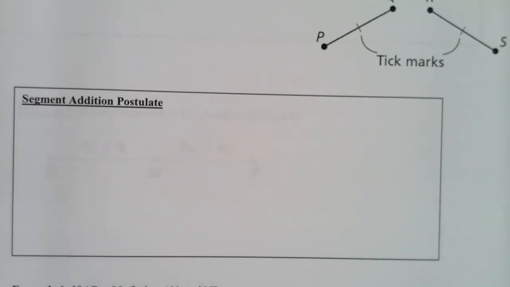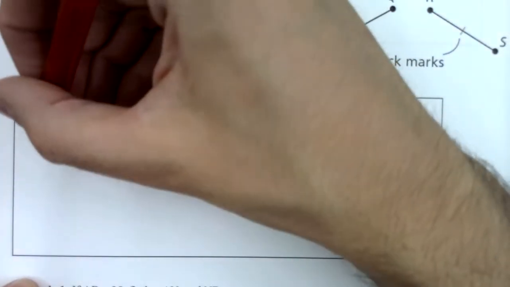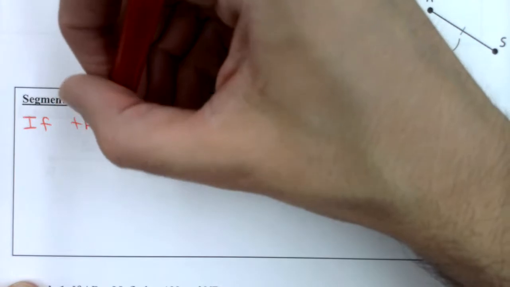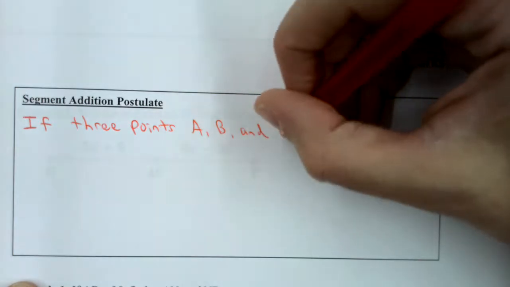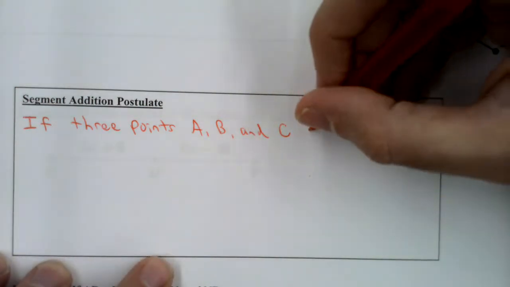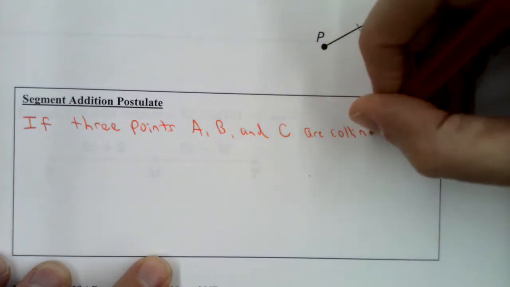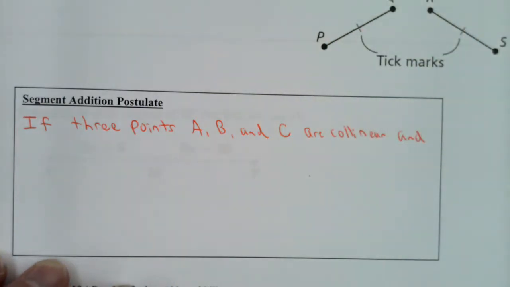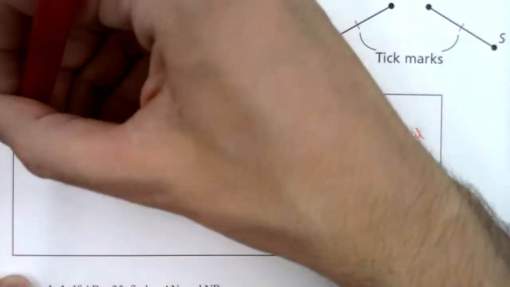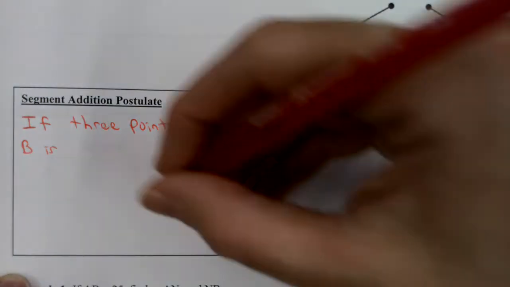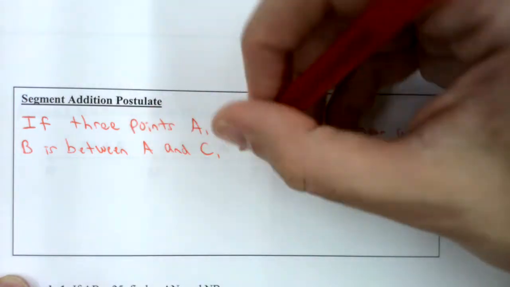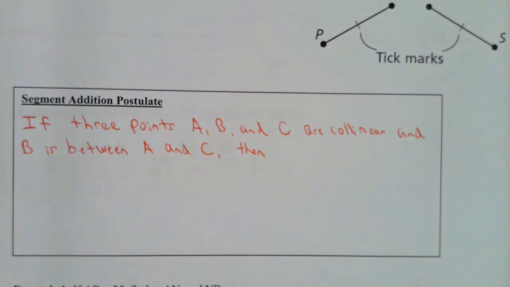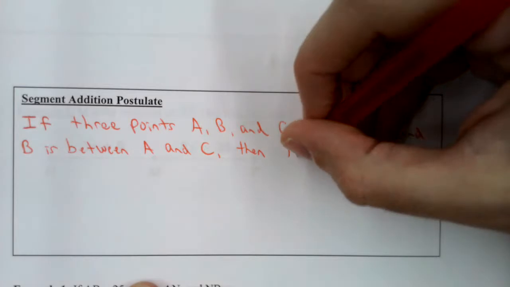Here's the postulate in words: if three points, which I'll call A, B, and C, are collinear, meaning they're on the same line, and B is between A and C, then I can say the following: AB plus BC equals AC.